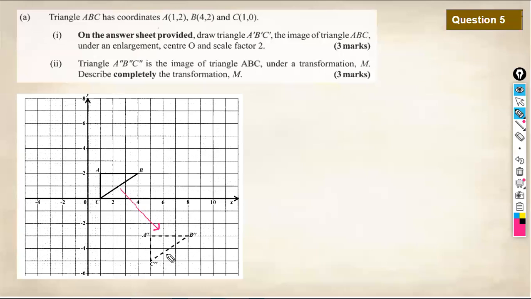What's the mathematical name for a slide in maths? You notice the size of the triangle did not change. It didn't point another direction. It just slid to a different place. That's a translation. So M is a translation. That's the fancy word for a slide.